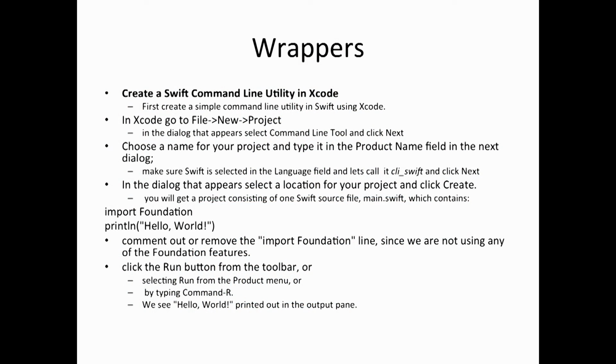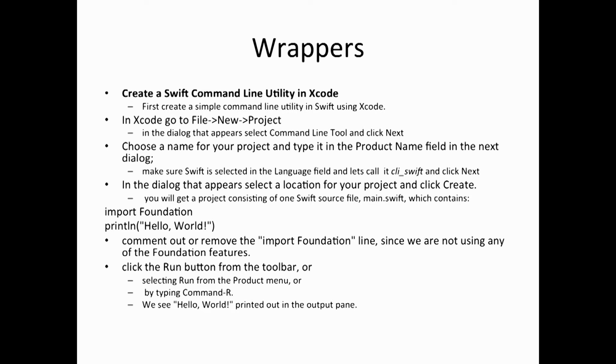Again, it's simple. In Xcode, you go to File, New Project. There's a dialog box. You click Next and choose a name for the project. Everybody's been doing that in Xcode. Make sure Swift is in the language field. Click Next. I could do the demonstrations, but that would take time away from the talk.